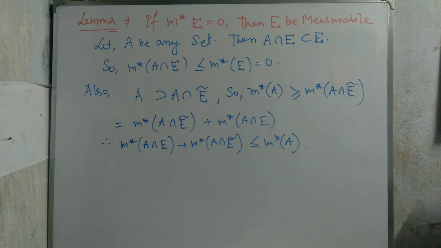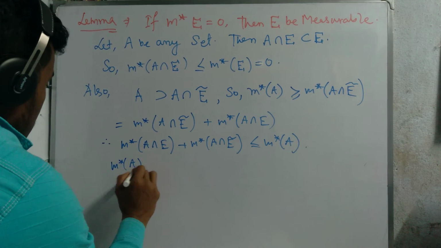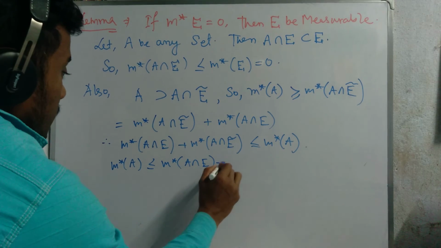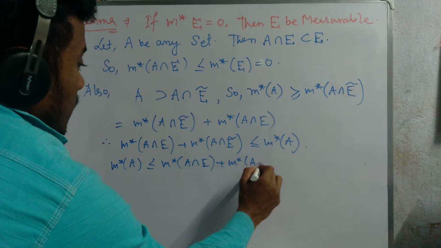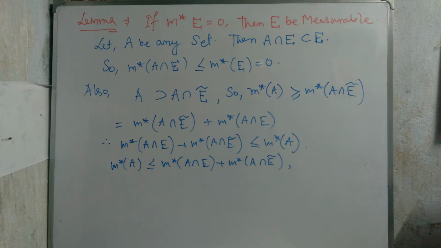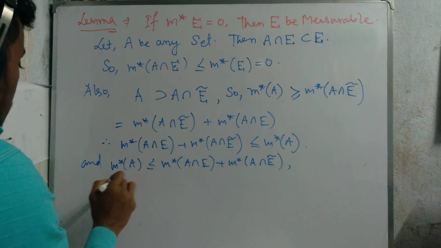And obviously m star A is less than or equal to m star of A intersection E plus m star of A intersection E complement. Why do we find this?